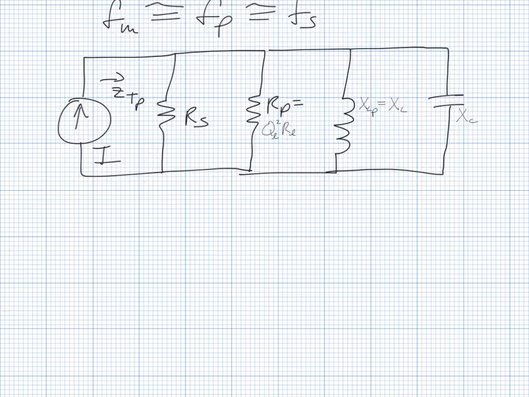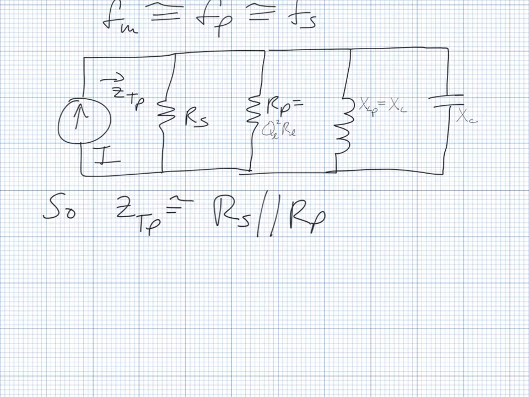Okay, so knowing that, now we can say our Z total for the parallel circuit is approximately equal to the series resistor in parallel with the parallel resistor. And the reason we can say that is because we know that at resonance, the inductor reactance and the capacitor reactance are going to cancel each other.